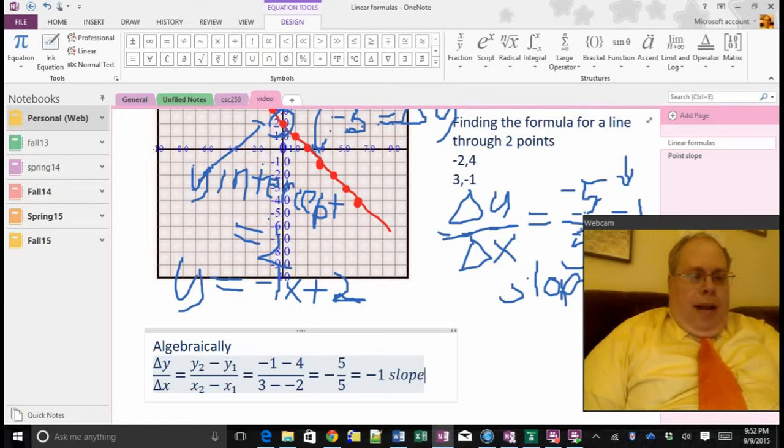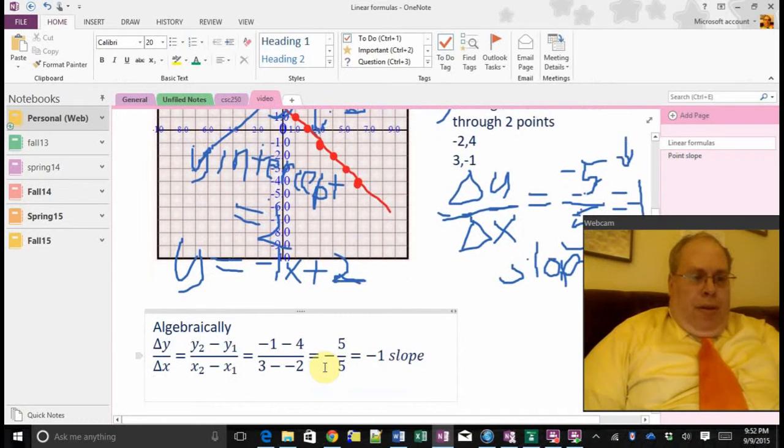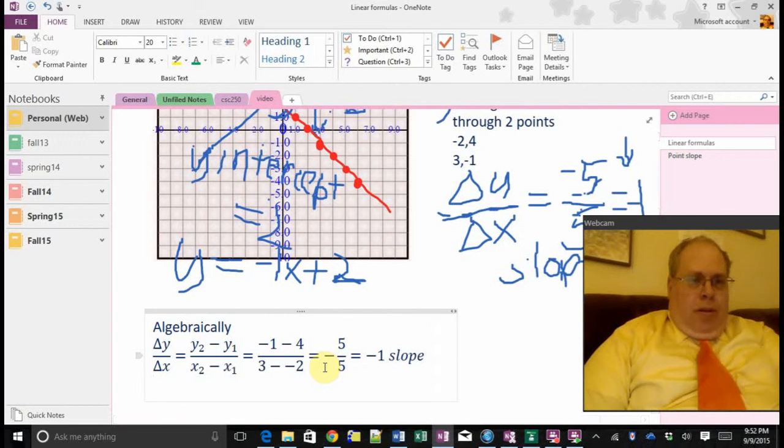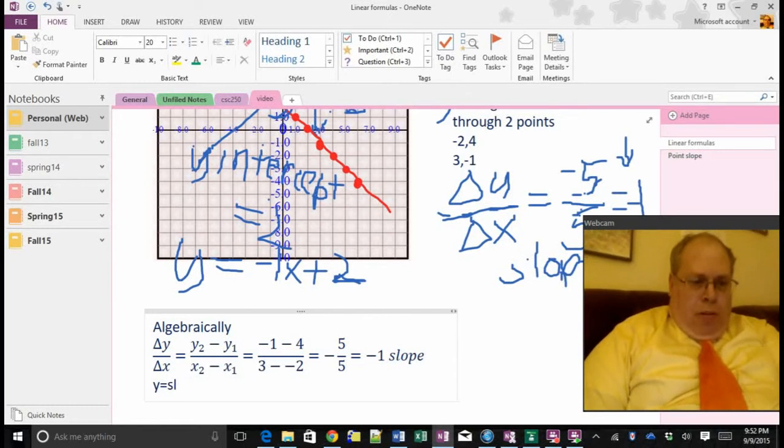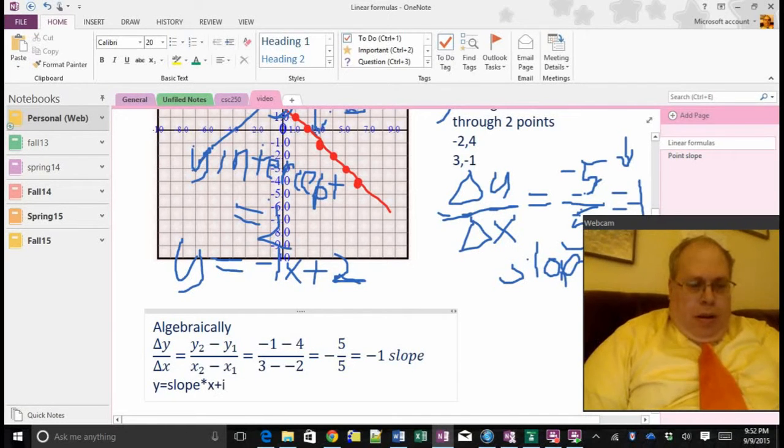We're not done yet. Now we're going to find the intercept so that we can find the formula. y equals slope times x plus intercept. So to get this, we need to know the slope and the intercept.